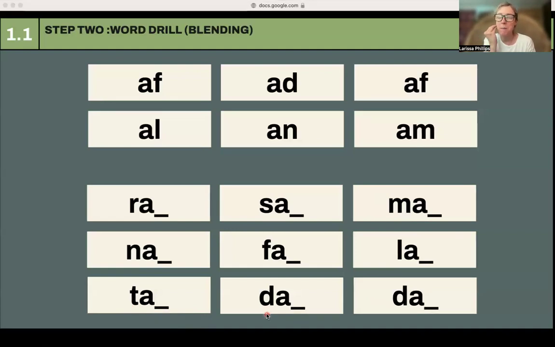So we say them right in our mouth and they need the vowel to get out. So it's like da. So these are a little bit harder to work with, but we can manage. Okay.